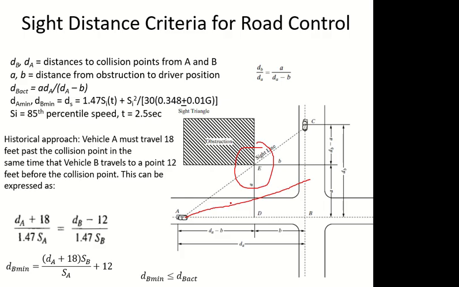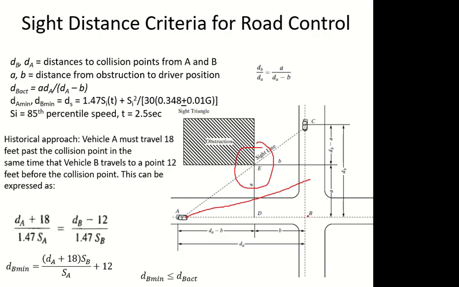Now here in this diagram there are four important distances. Before we go into the distances, there is a crossing point. If both vehicles came to the intersection at the same time, they will cross each other at point B. So B is the conflict point.